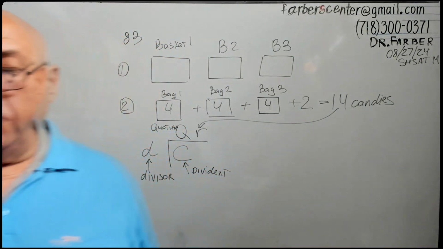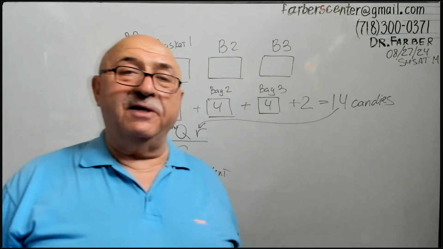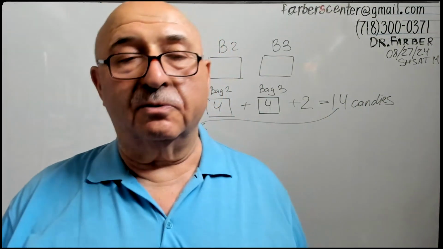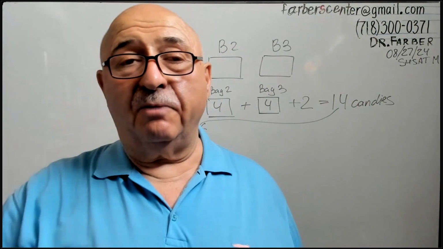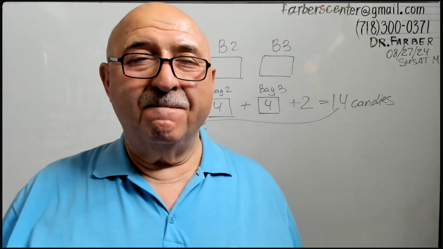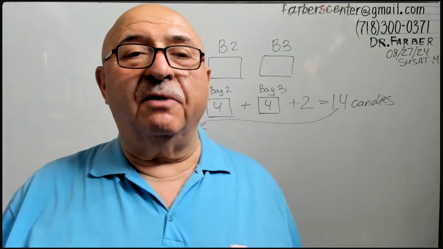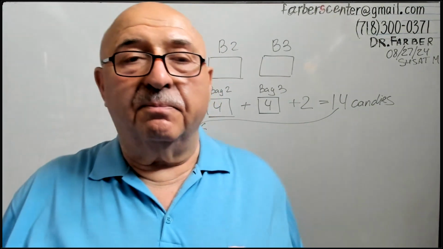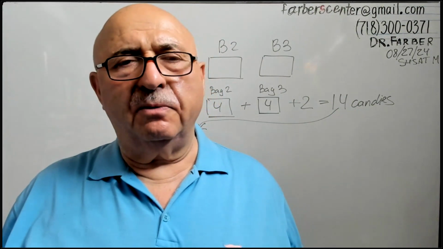Remainder is 14 if the divisor is less than 14 or greater than 14. Students, you understand my question? Can the divisor be less than 14? No, you're still dividing.